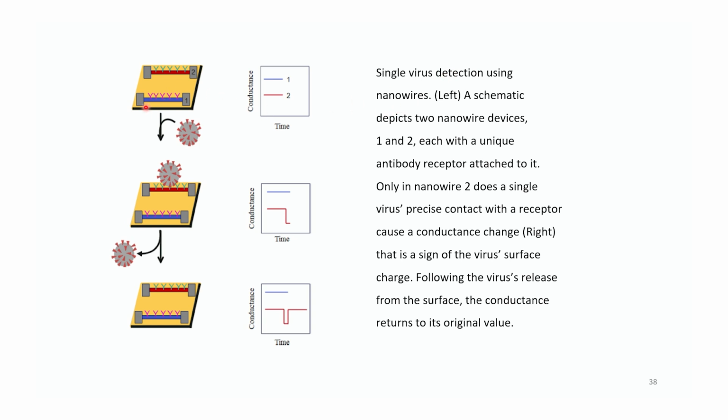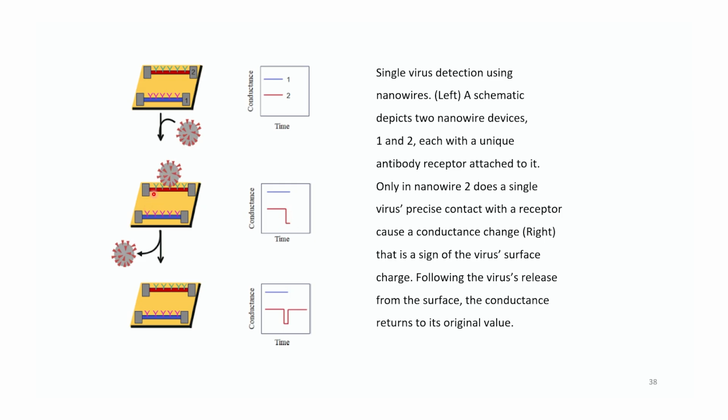On the left you can see a schematic that depicts the two nanowire devices, 1 and 2. A unique antibody receptor is attached to this. Only nanowire 2 makes single virus precise contact. A single virus's precise contact with a receptor will cause a conductance change, and you will observe it over here on the chip.